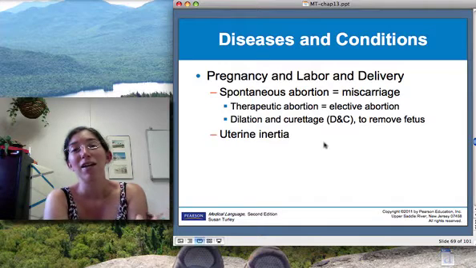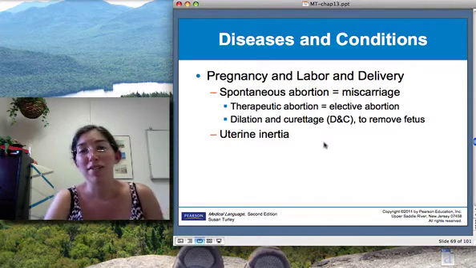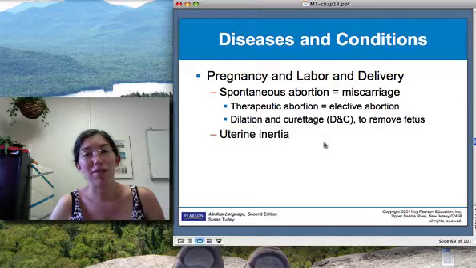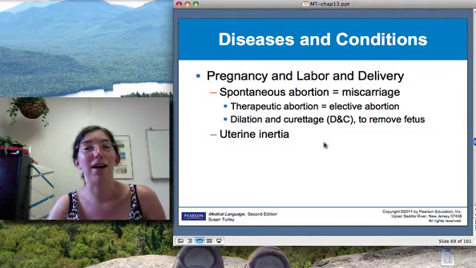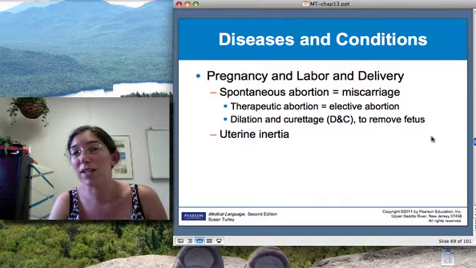Usually about 80% of miscarriages occur in the first trimester, before 14 weeks, and usually they're due to some kind of chromosomal genetic anomaly, where the fetus just was not developing healthily or normally.